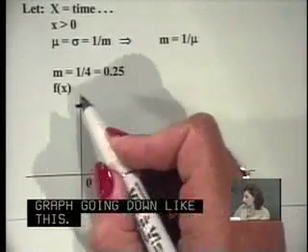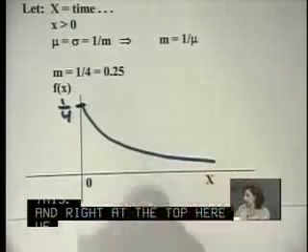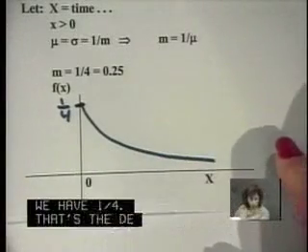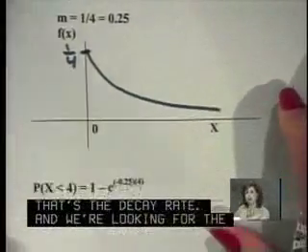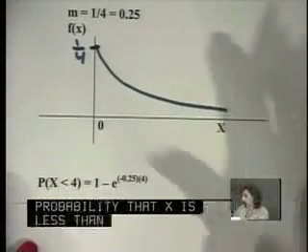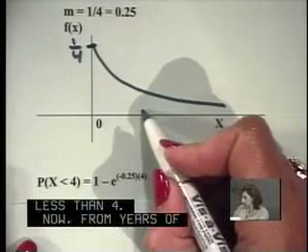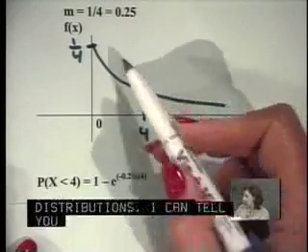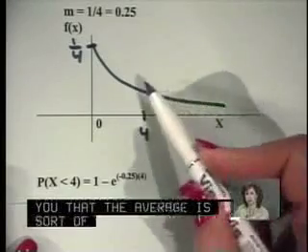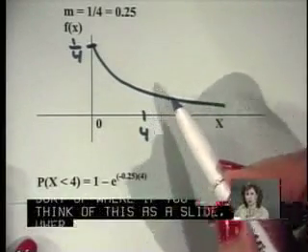And right at the top here, we have 1/4. That's the decay rate. And we're looking for the probability that x is less than 4. Now, from years of graphing exponential distributions, I can tell you that the average is sort of where, if you think of this as a slide, the slide starts to level off just a little bit.